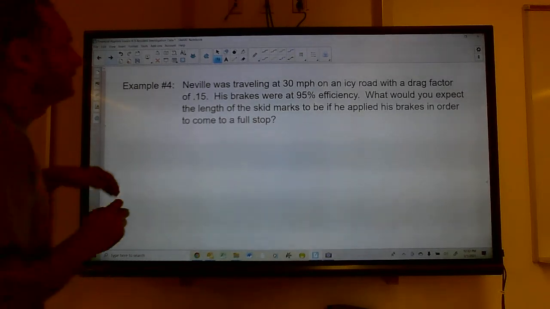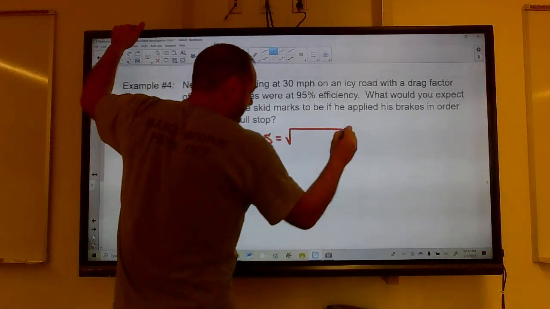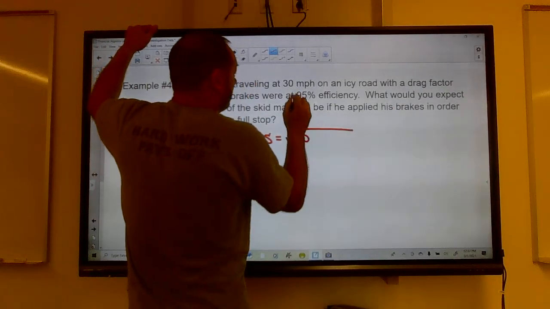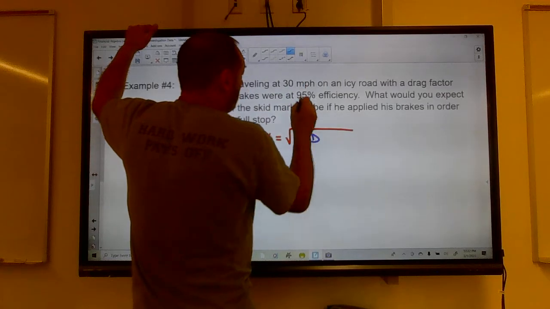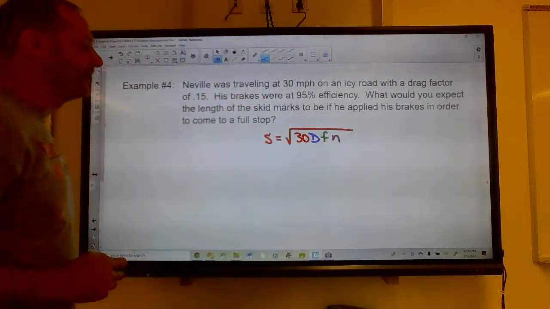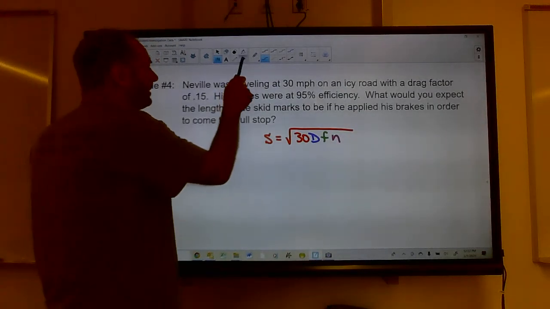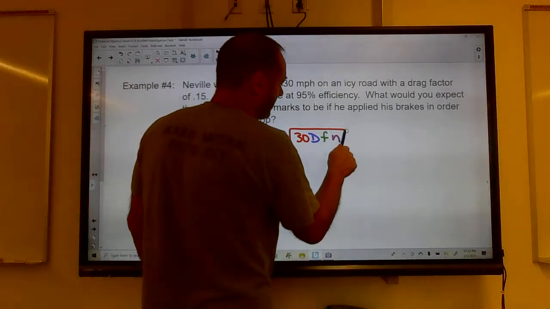So again, here's my formula. S equals the square root of 30 times D times F times N. I'm going to let you pause the video here, and then you can calculate this and then come back and compare it to what I get.